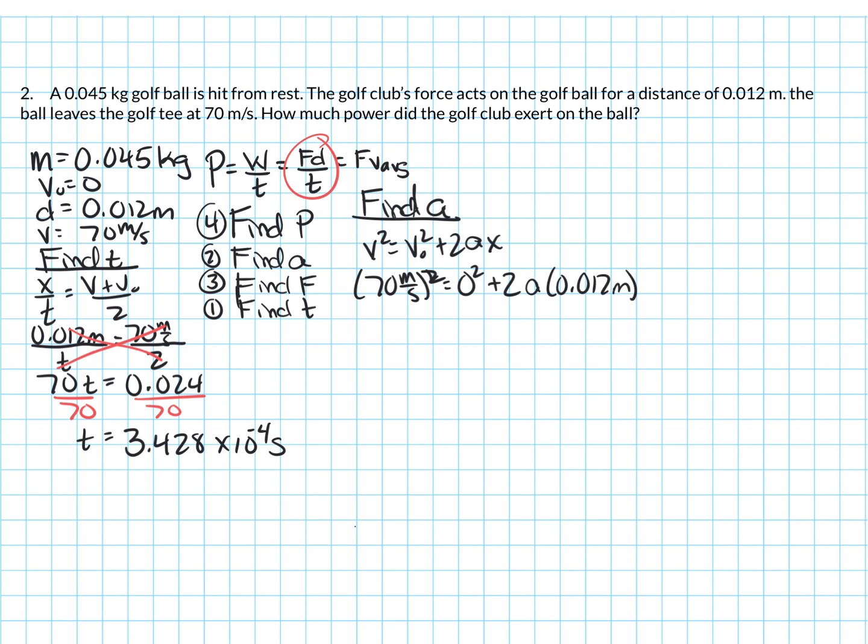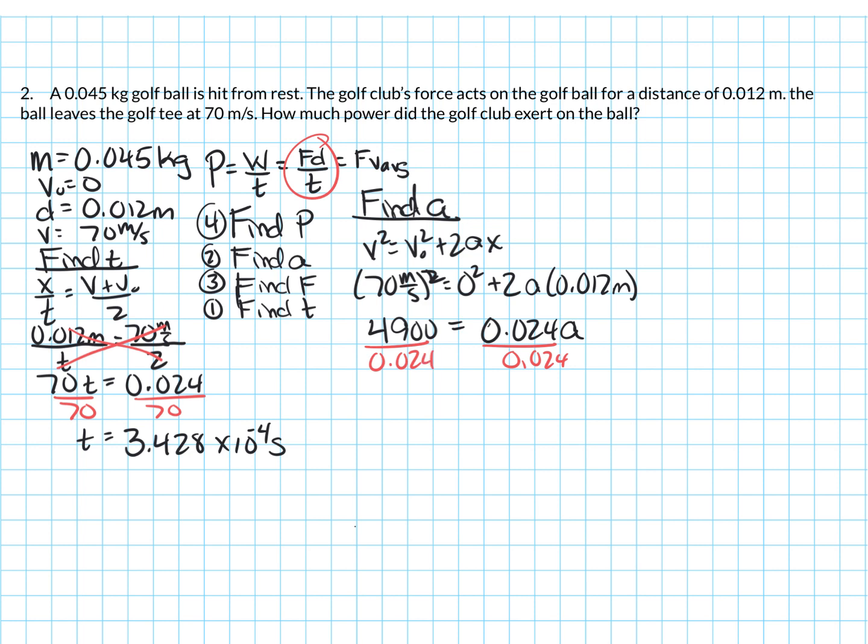All right, so that's going to be 70 squared, and 70 squared is 4,900, equals 2 times A times 0.012. So I can rearrange this to make it 0.024 times A. Now to get the A all by itself, I need to divide both sides by 0.024.